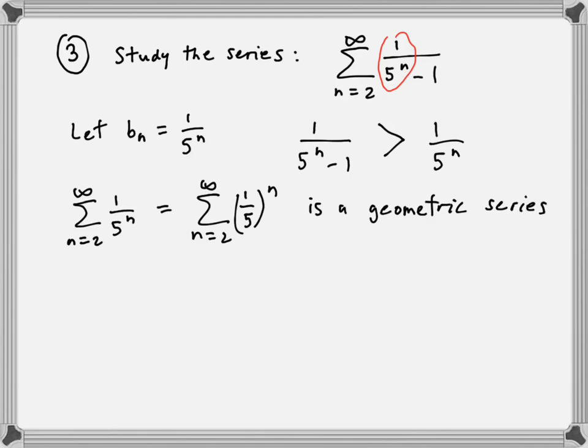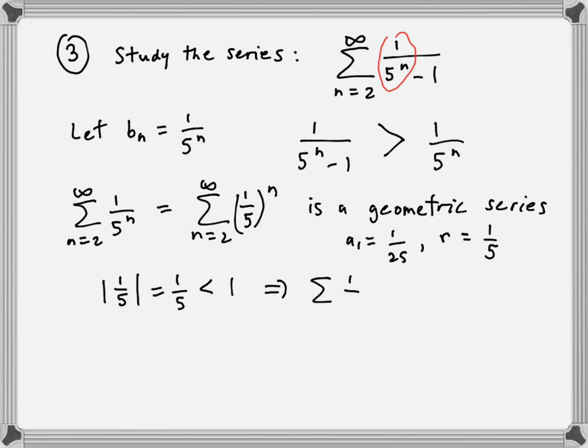The first term is 1 over 25, and the ratio is equal to 1/5, because every time you multiply it by 1/5. And the absolute value of 1/5, which is 1/5, is less than 1. So this means that this series converges.